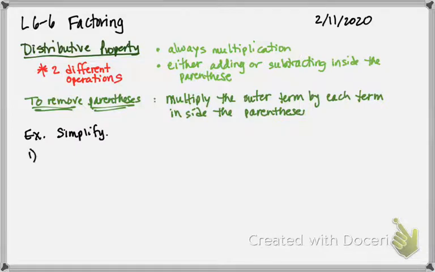And our first problem would be 5 times the quantity x plus 5. So when I distribute, I'm going to multiply 5 times the x, and then it says plus, so then I write plus.